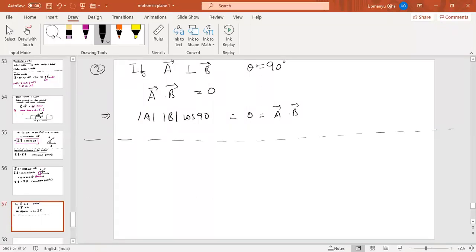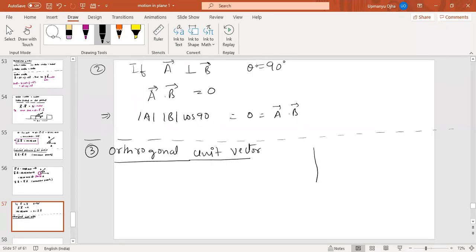Okay, fine. Now the next thing is orthogonal unit vectors. Okay, so let us take one thing here.